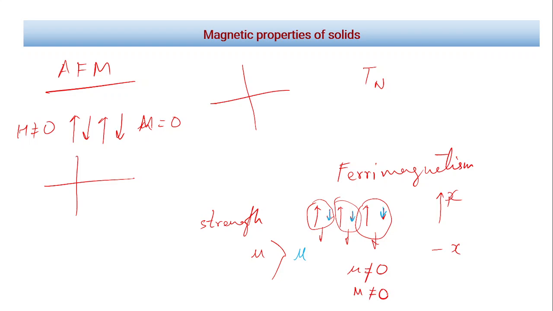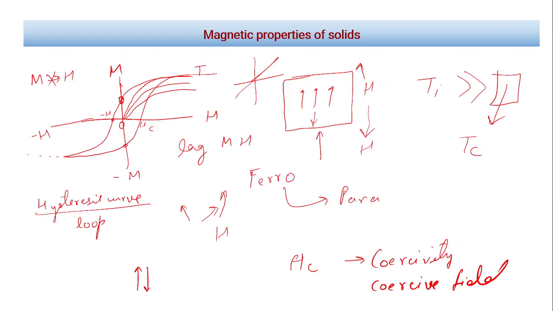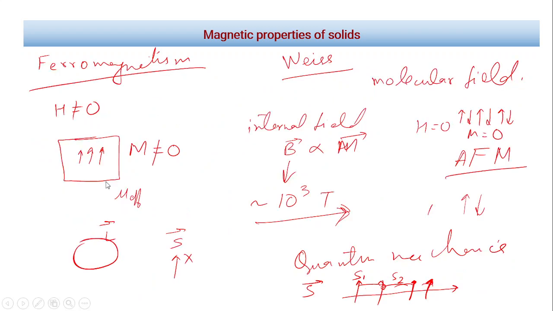Magnetization won't be zero even when the field is zero. So in a way, it's similar to ferromagnetic material, because in ferromagnetic material we saw that even in the absence of magnetic field the moments are aligned because of exchange interaction, and thus even in the absence of field we have non-zero magnetization.